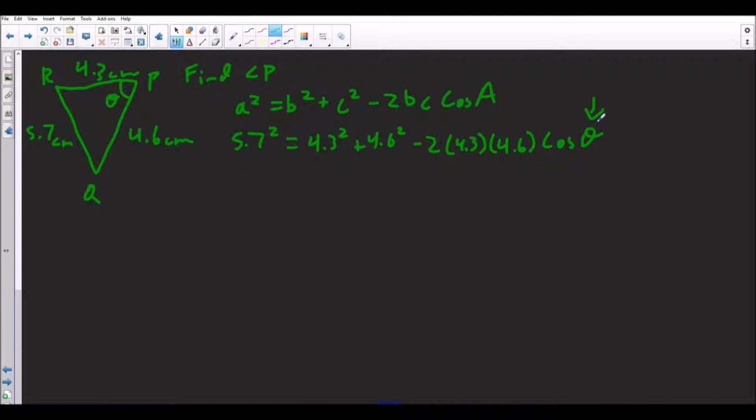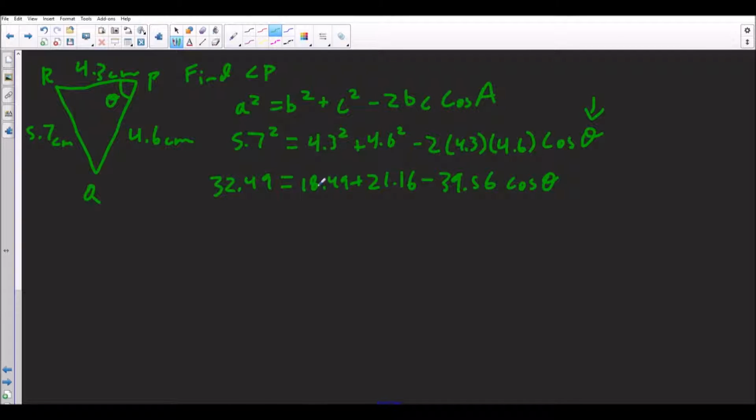So we need to get that by itself. So the first thing we're going to do is just square all the things. So we're going to get 32.49 is equal to 18.49 plus 21.16 minus, and if we multiply all this stuff together, 2 times 4.3 times 4.6, we're going to get 39.56 cos theta.